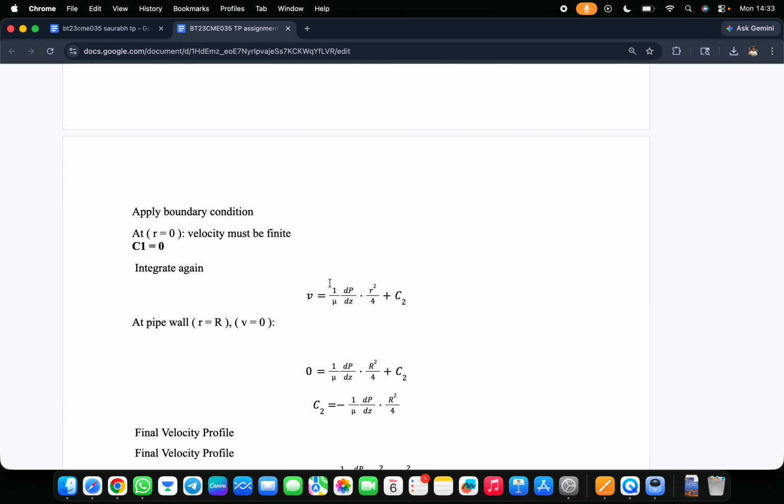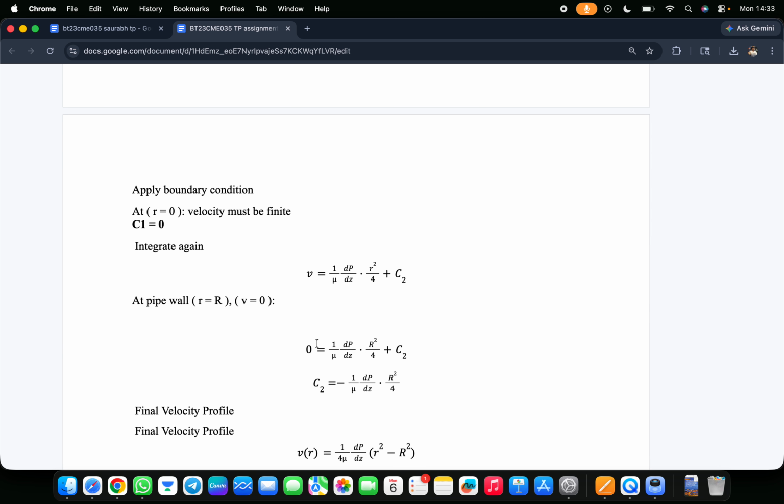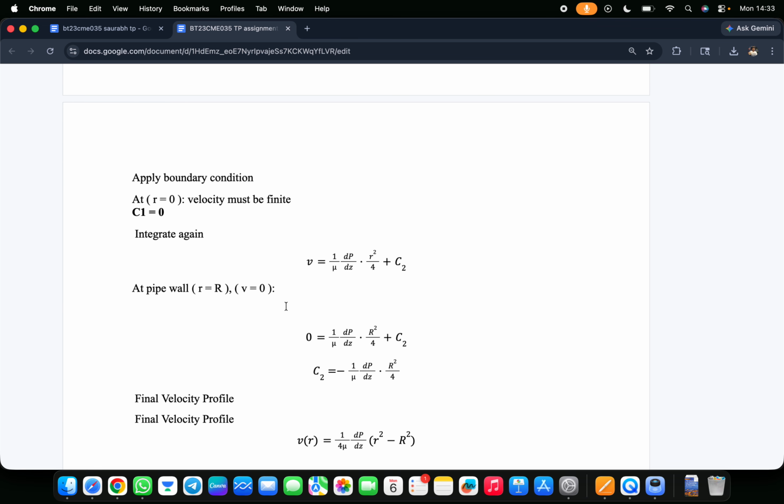Then we integrate again, and here we can get C2. Now applying at r is equal to R, v is equal to 0. As the boundary condition, the molecule in contact with the surface has zero velocity.